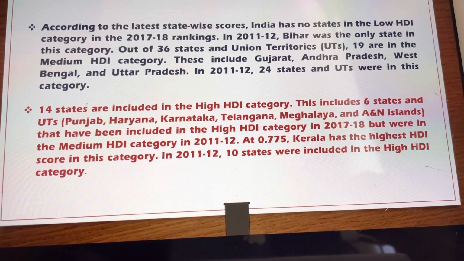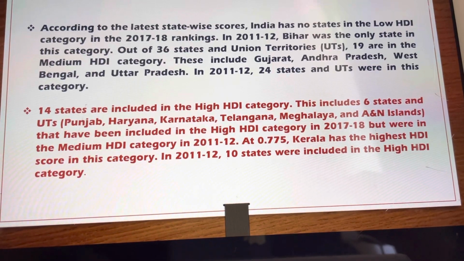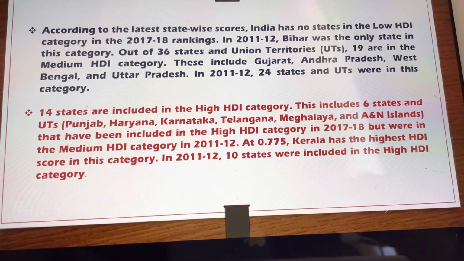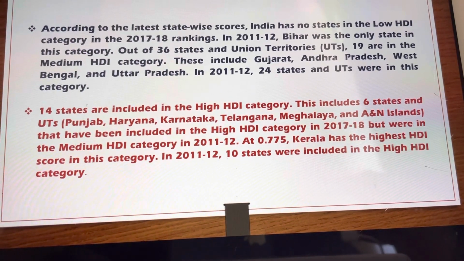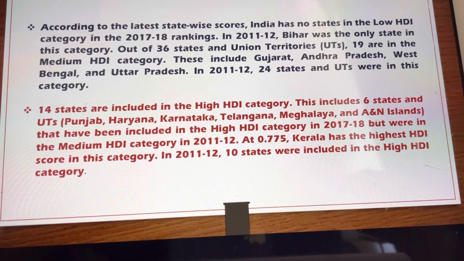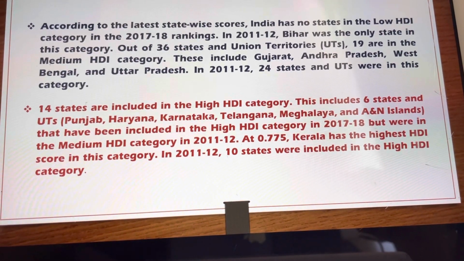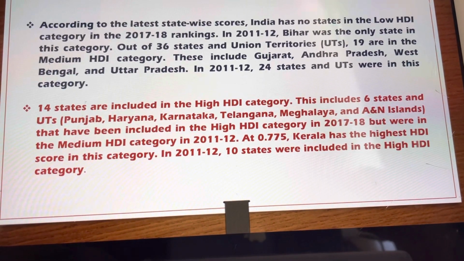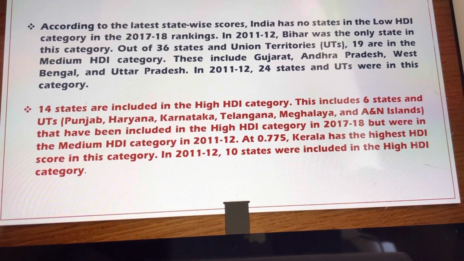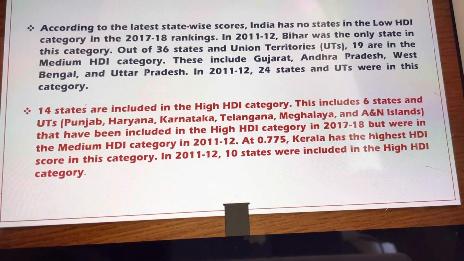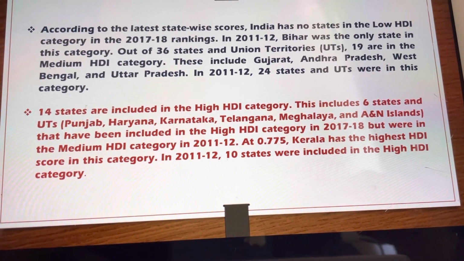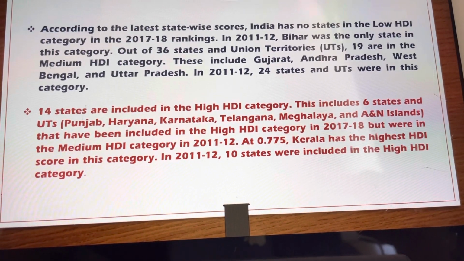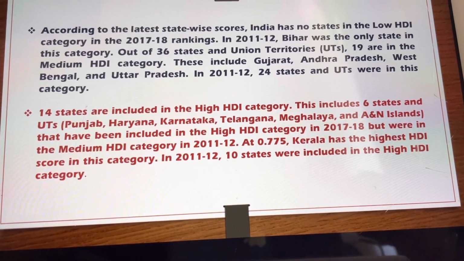14 states are included in the high HDI category. This includes 6 states and union territories: Punjab, Haryana, Karnataka, Telangana, Meghalaya, and Andaman and Nicobar Islands that have been included in the high HDI category in 2017-18 but were in the medium HDI category in 2011-12.